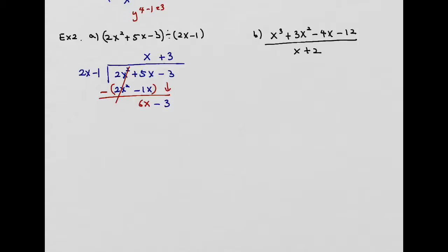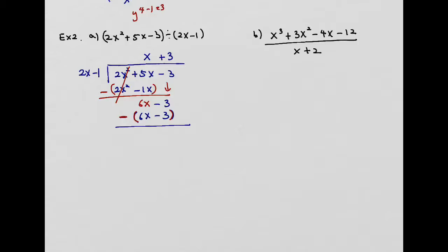Once you decide what to multiply, now you're multiplying that number into 2x minus 1. So then you get 6x minus 3. And again, you're subtracting. Make sure you're subtracting.